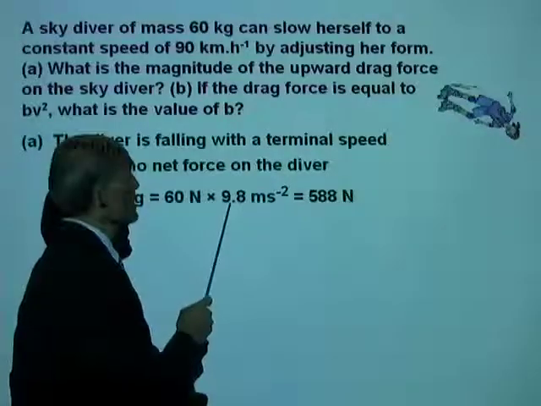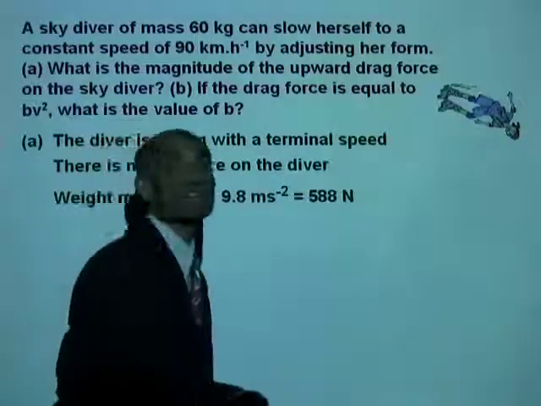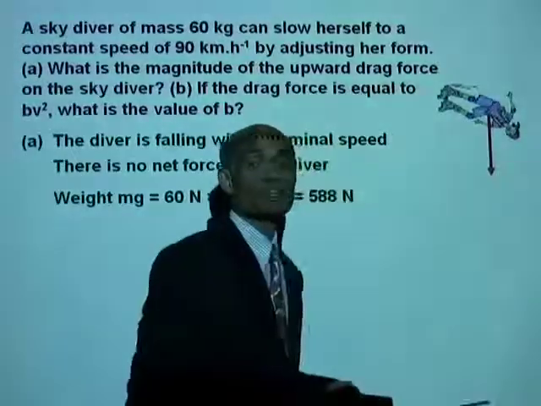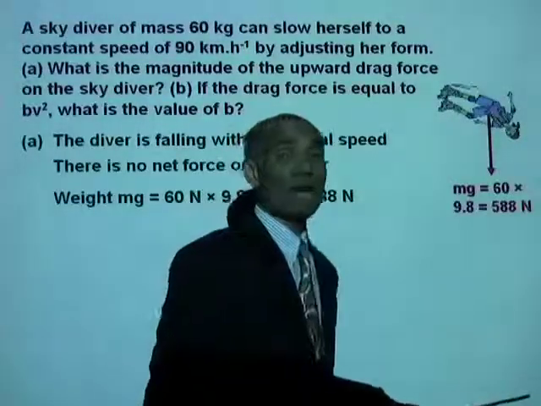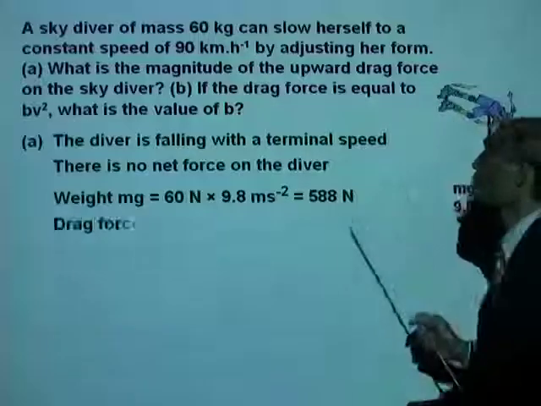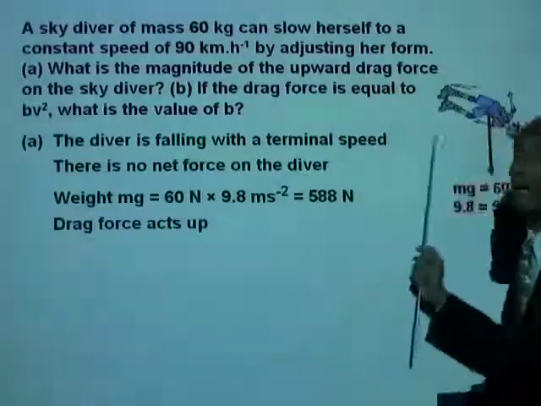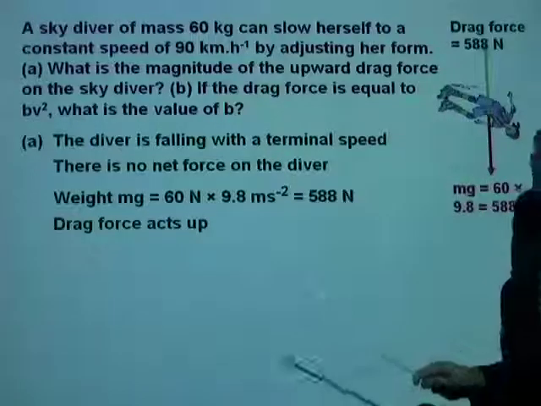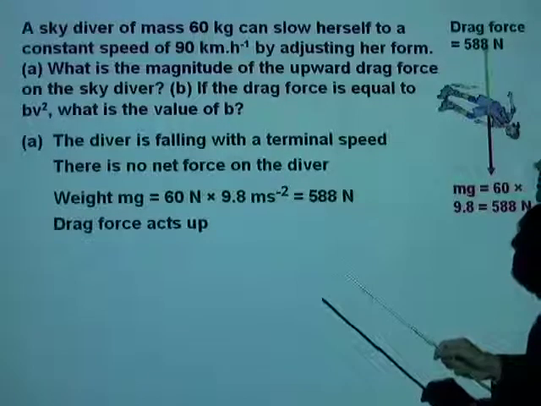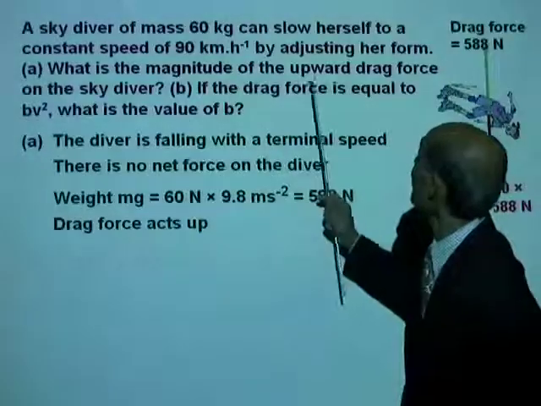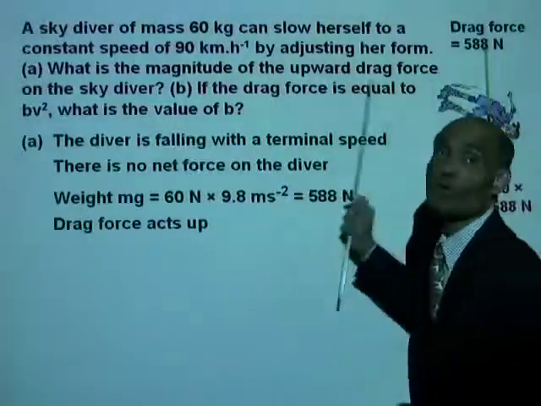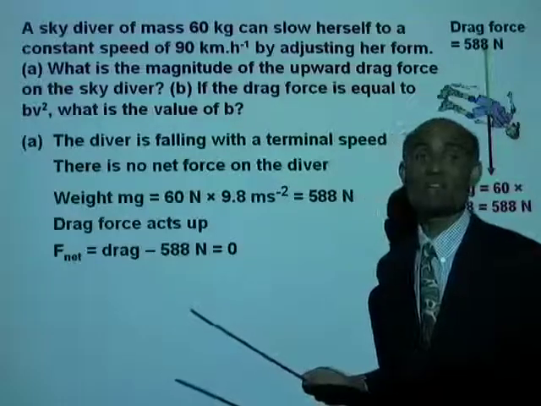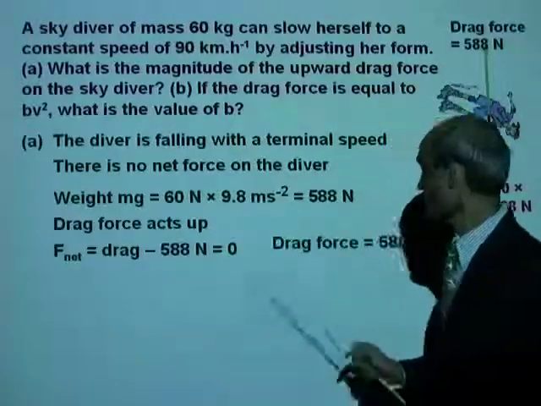Mass times acceleration due to gravity, that is 588 Newton, acting vertically down. And the drag force will therefore be acting up and exactly equal to 588 Newton. Therefore, the upward drag force on her will be 588 Newton. There you are.